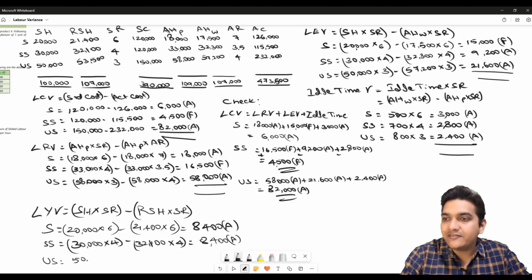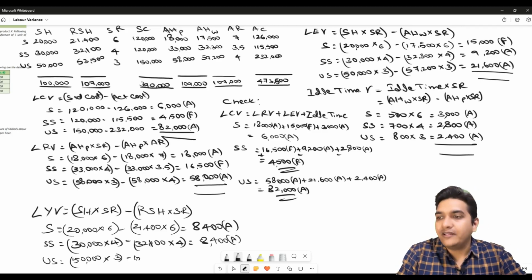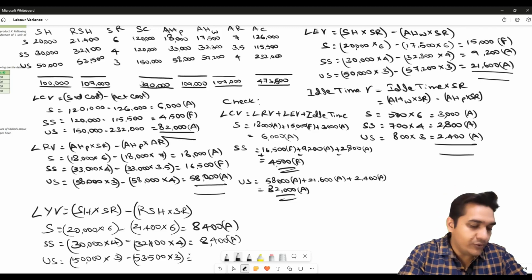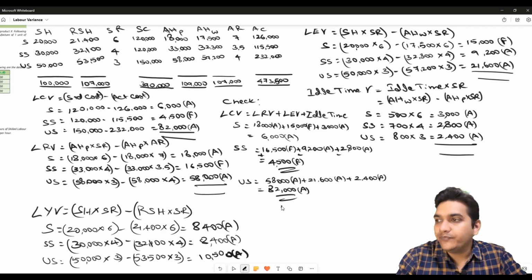My standard hours is 50,000 into 3 minus my revised standard hours of 53,500 into 3, which is equal to 10,500 adverse. Now let us calculate labor mix variance.